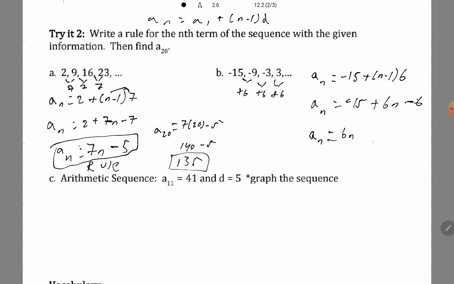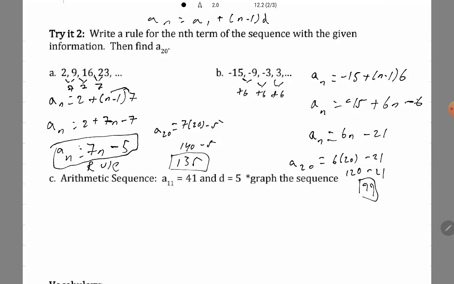So that'll be 6n minus 21. Find a sub 20: 6 times 20 minus 21. 120 minus 21 is 99.